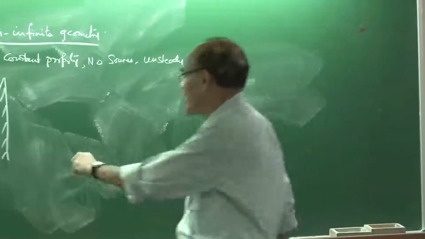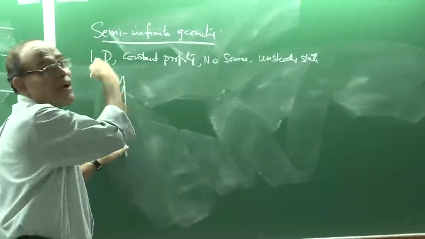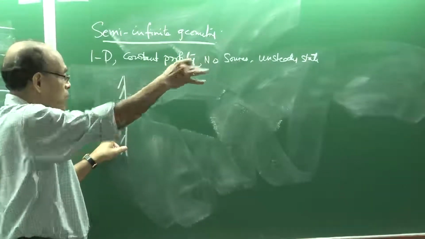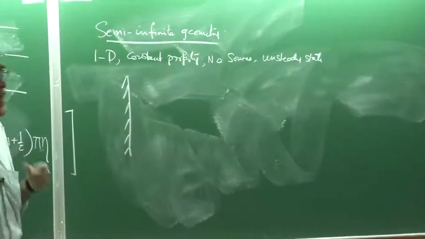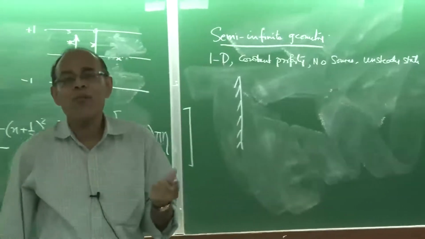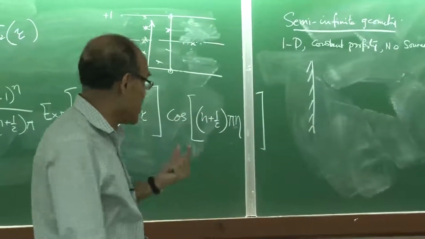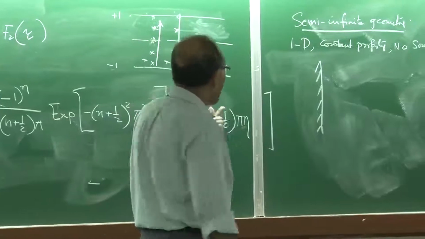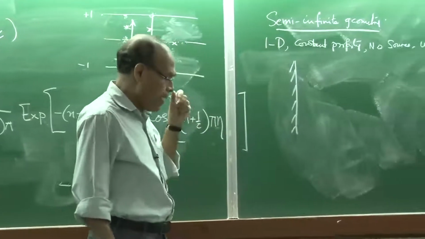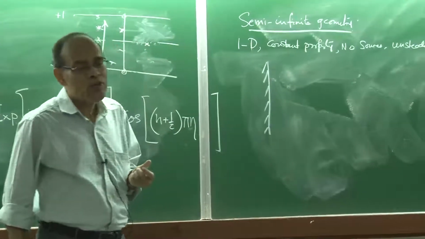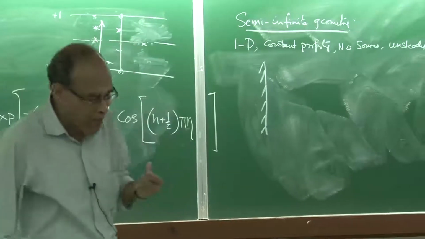So, it is finite here, but it is infinite on the other side. In reality this kind of a domain does not exist, but this is the reality because of the phenomena which are involved. For example, you can imagine, most importantly you will understand it.